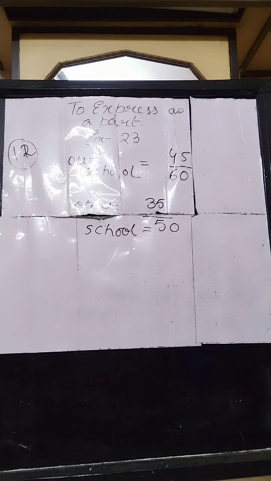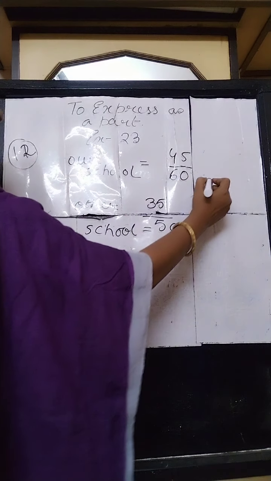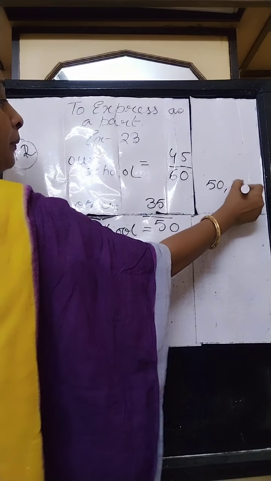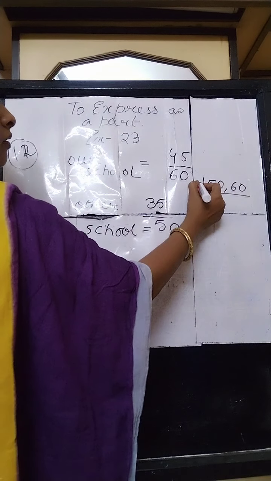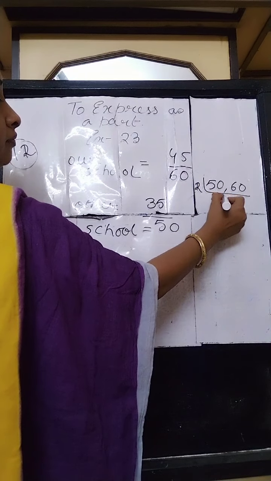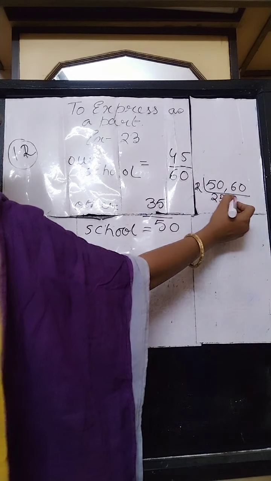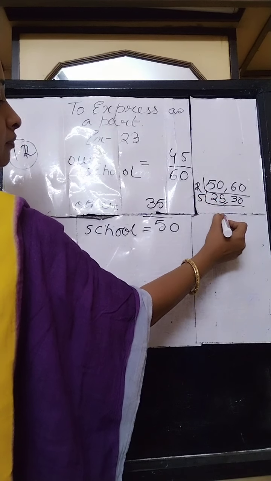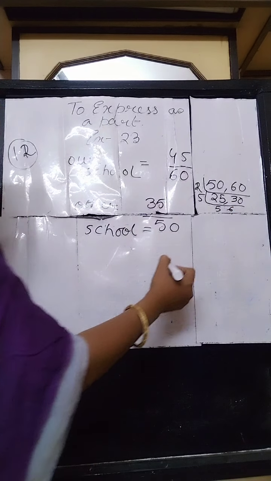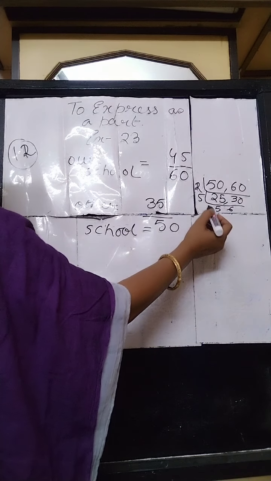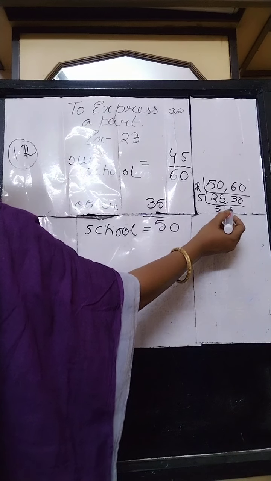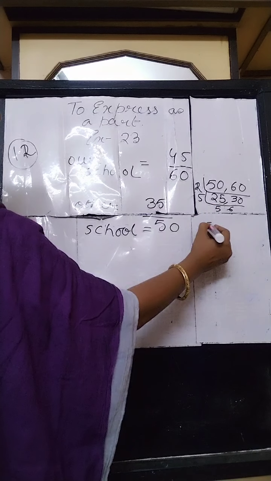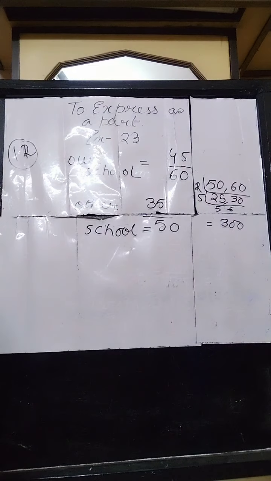How will we compare this? We will try to equalize the denominator. We will do the LCM of 50 and 60. So we are getting 6 into 5, 30, 30 into 10, 300. 300 is the LCM that we are getting. Now how will we do the comparison?